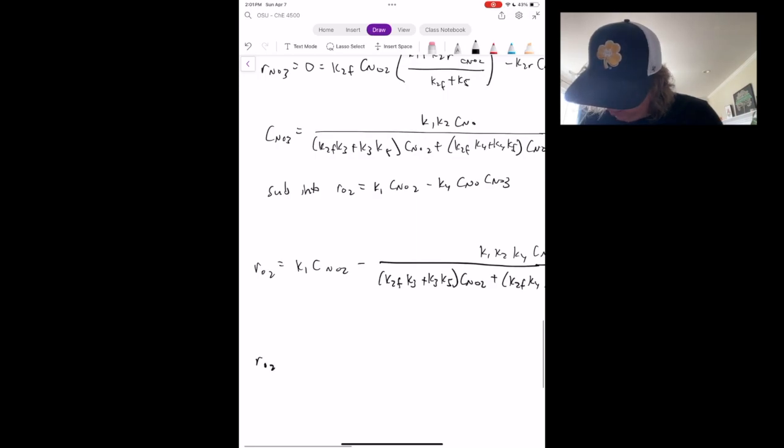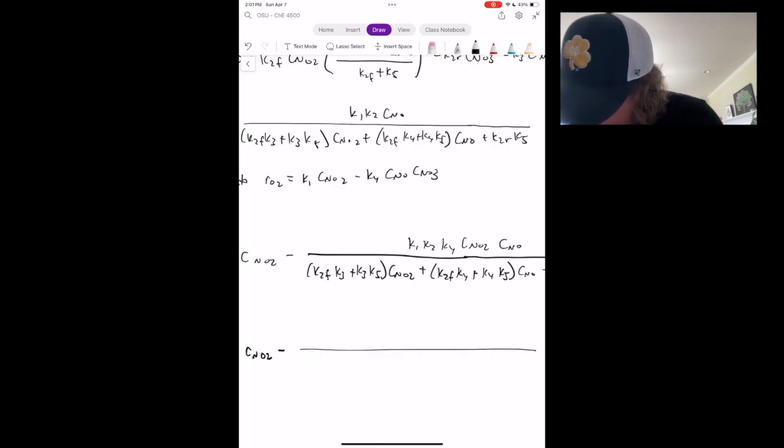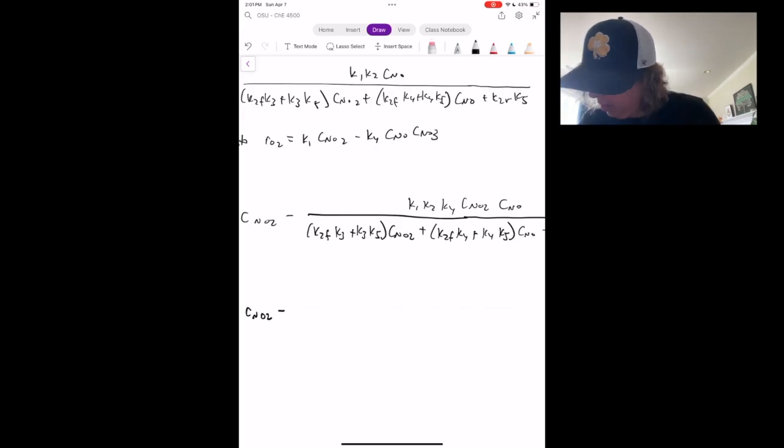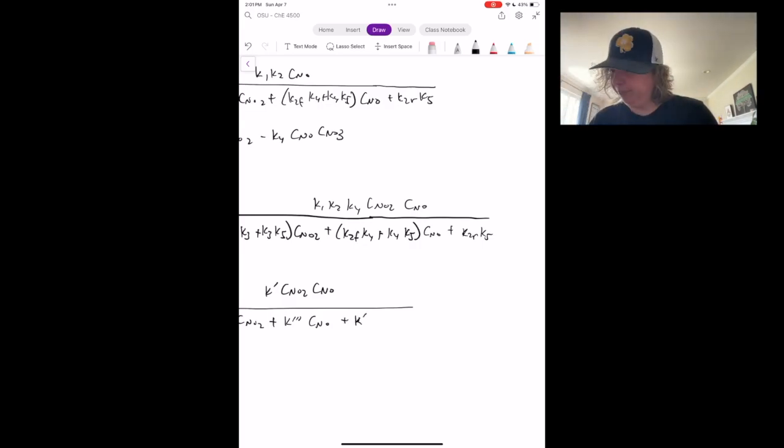So I can say, for example, RO2 is equal to K1 CNO2 minus K prime CNO2 CNO divided by K double prime CNO2 plus K triple prime CNO plus K quadruple prime, or something like this.